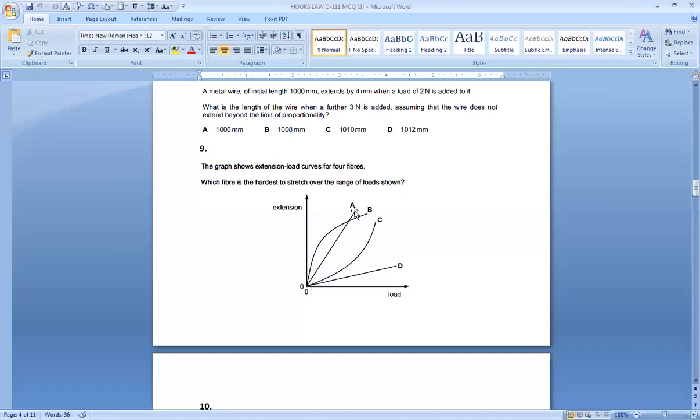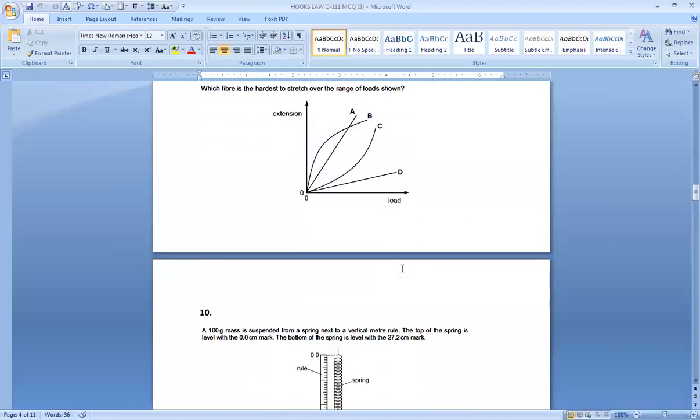A has gone very high along the vertical for a small load, and D is showing minimum height. So it is showing minimum extension. For a large load, D is showing minimum extension. So D is hardest to stretch.